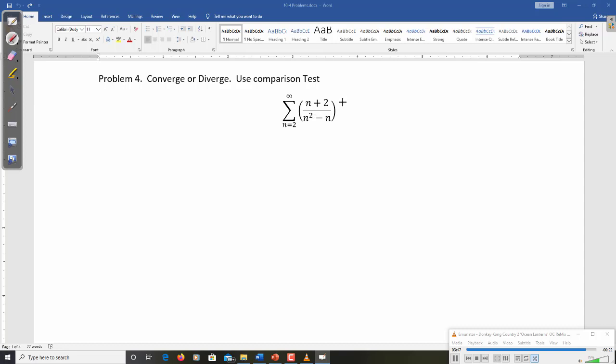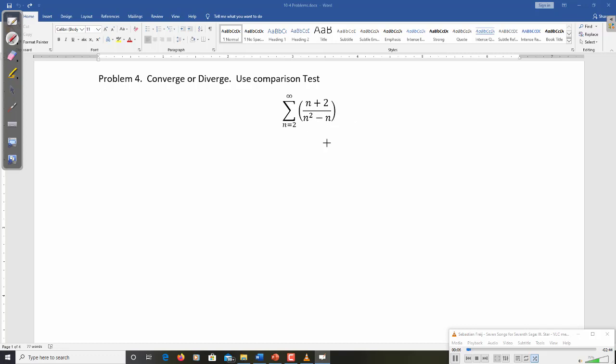Now let's see if we can actually bound it that way. 1 over n diverges, so if I want to use the direct comparison test, I'd want to bound it from below. So let's see, if I replace the top with 1, I'm making the top smaller. So that would actually be a problem.